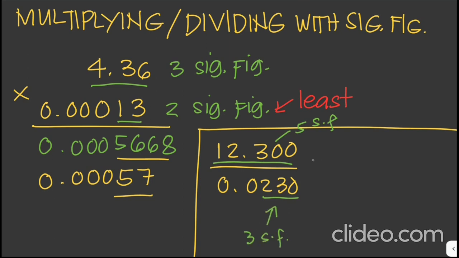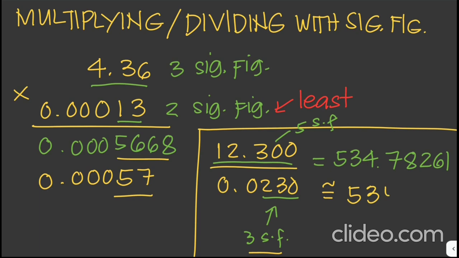Therefore, our answer should round off to 3 significant figures. If we divide these numbers, this would give us 534.78261. And we should round our answer off to the least number of significant figures, which is 3. Therefore, our answer would be approximately equal to 535.